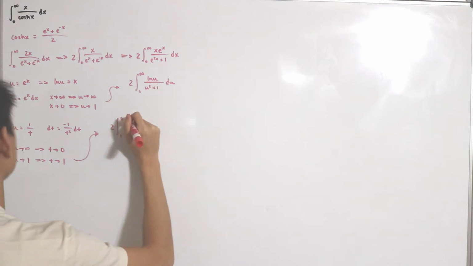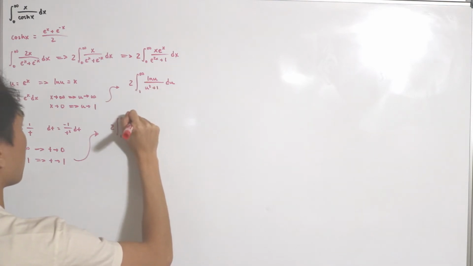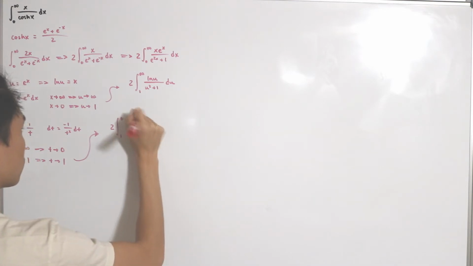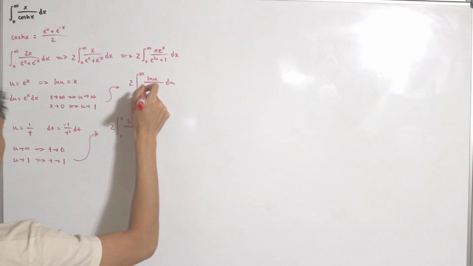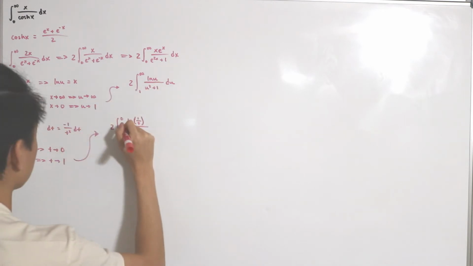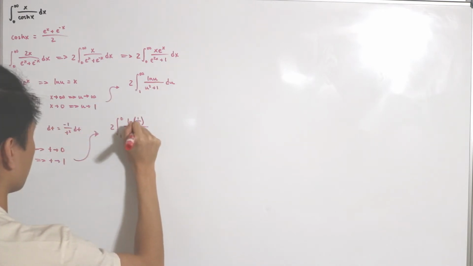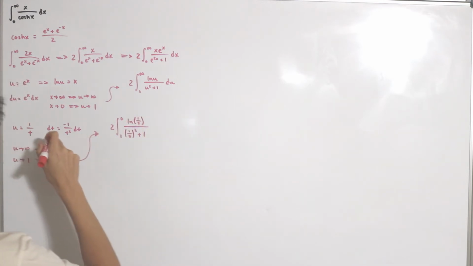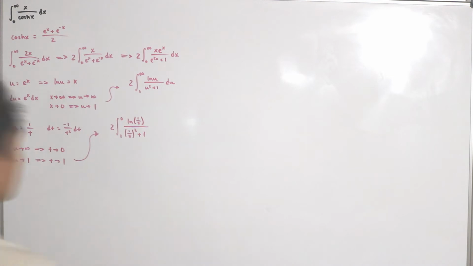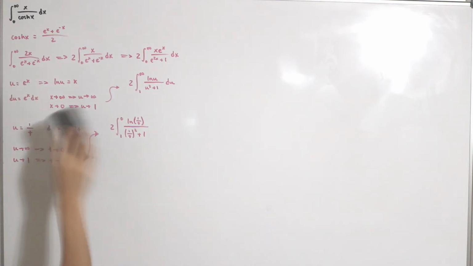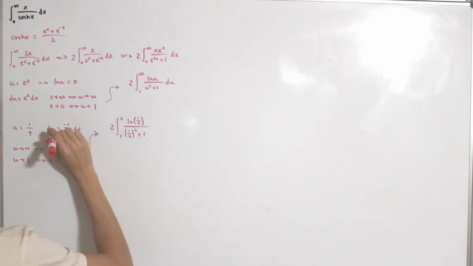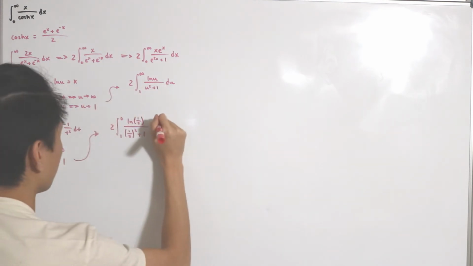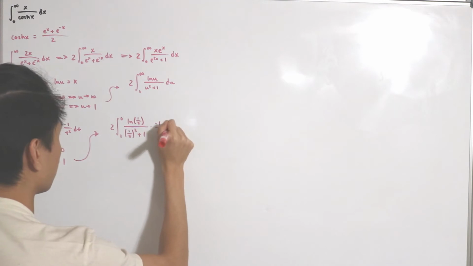Then I have ln of u, which will be ln of 1 over t, divided by u squared, which will be substituted for 1 over t squared, plus 1, and then multiplied by du. That's actually supposed to be a du over here. Whoops. Now du, substitute that for negative 1 divided by t squared dt.